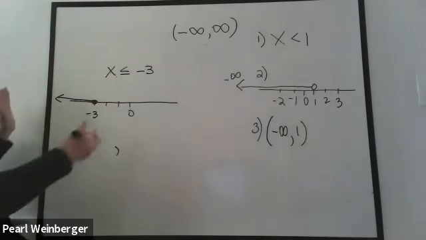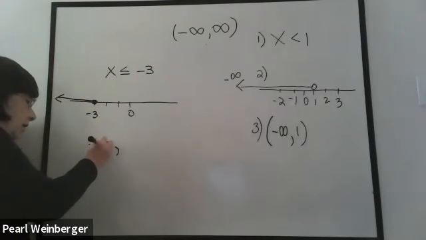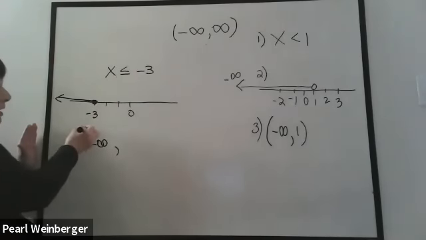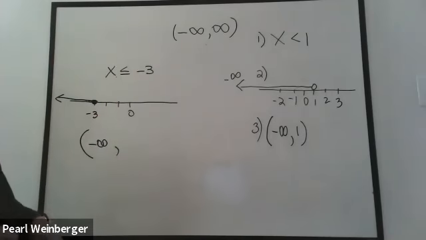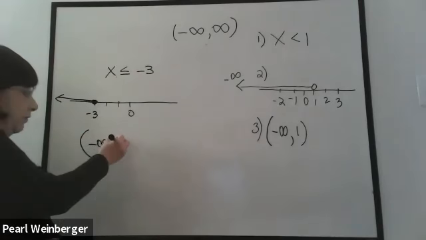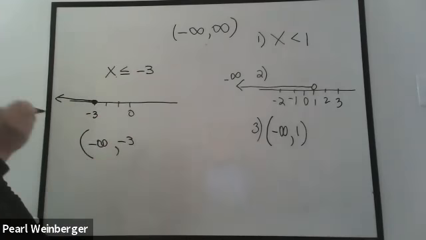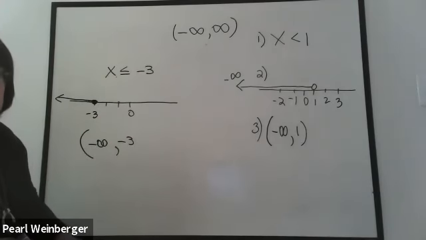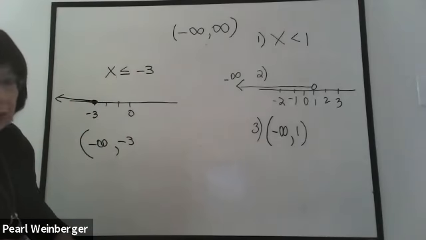So all the way to the left is negative infinity, and with an infinity sign, we always put a parenthesis. The end of the interval, the point that's all the way to the right, is the -3. And do we enclose this -3 with a parenthesis or a bracket?